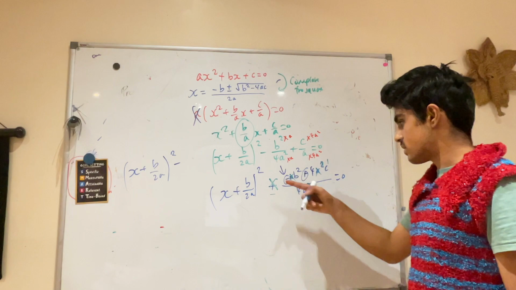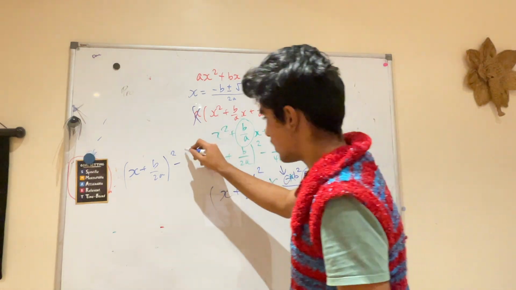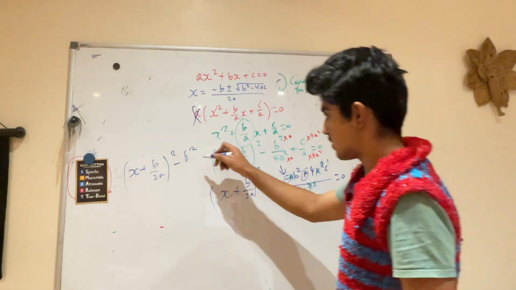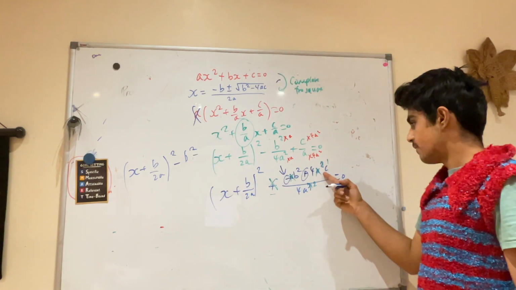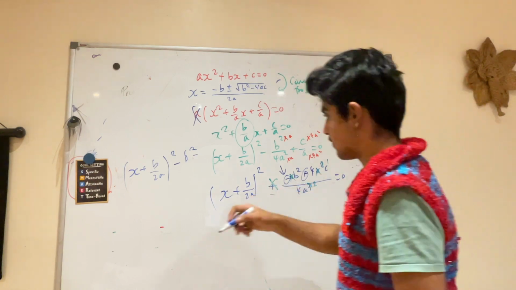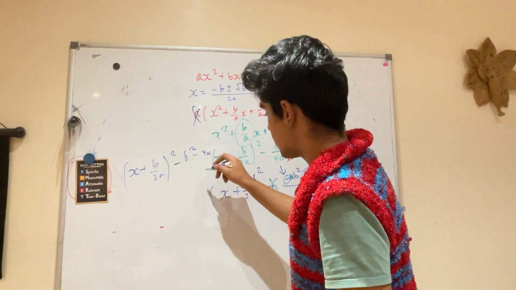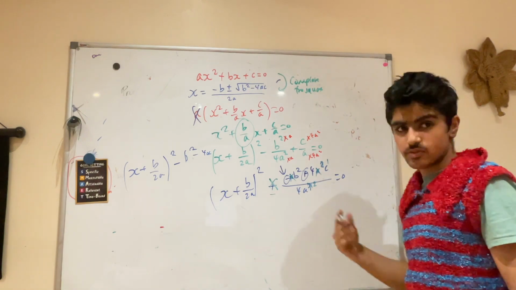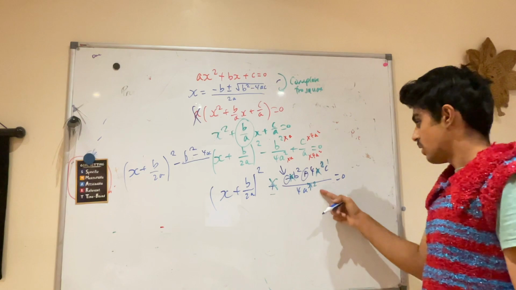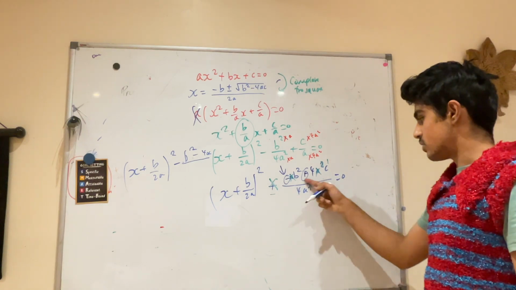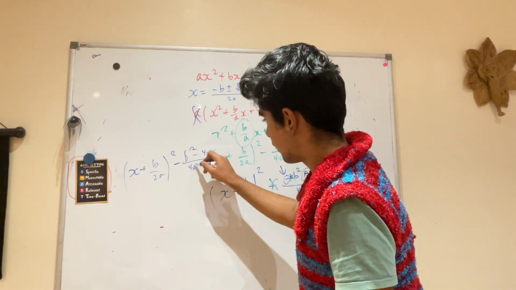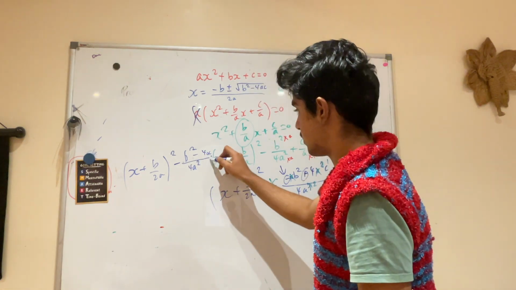When we switch the signs, this will just turn into a plus, so b squared. Minus, so we're switching that sign as well, 4ac, not a squared c, because we've just reduced it, all over 4a squared, because again, we've reduced it by 1. And then of course that's equivalent to 0.